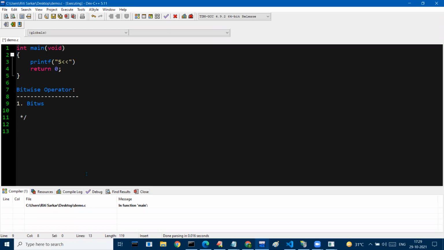Number one, bitwise AND, symbolically one ampersand. Next, bitwise OR, symbolically this. Next, bitwise XOR. Bitwise OR is like this, bitwise XOR is like this. Next, after that, left shift.